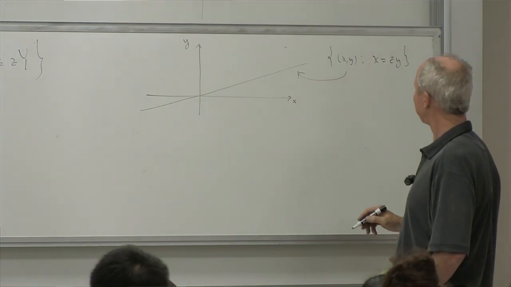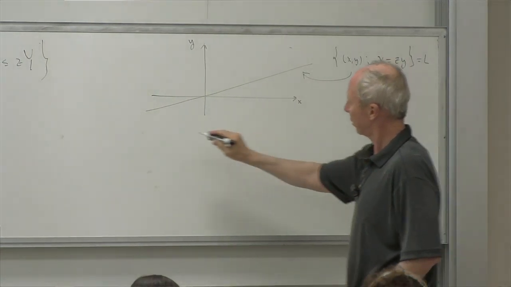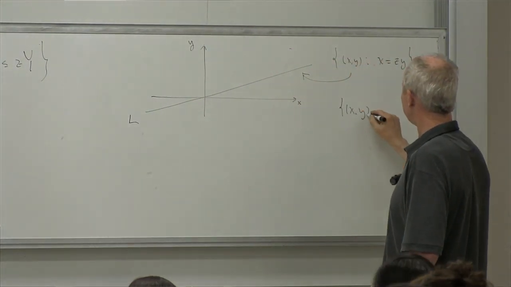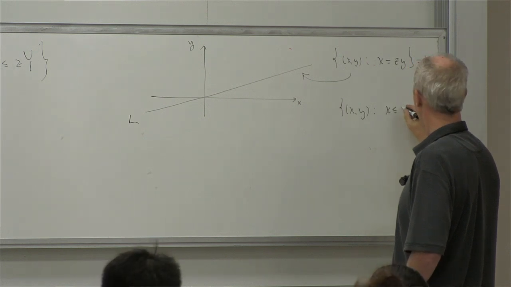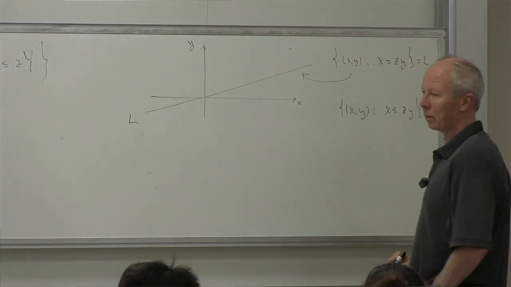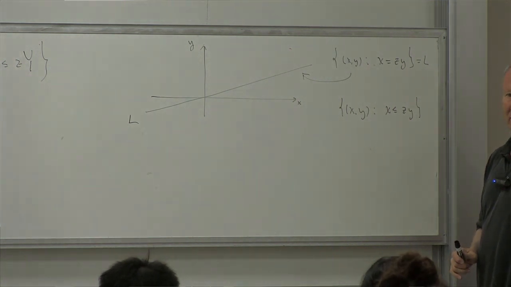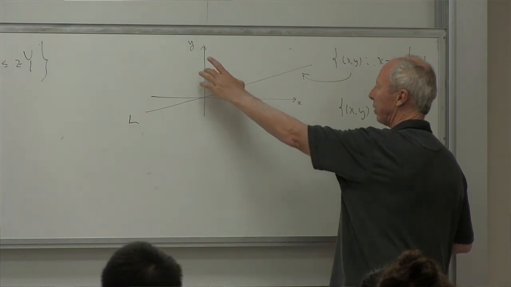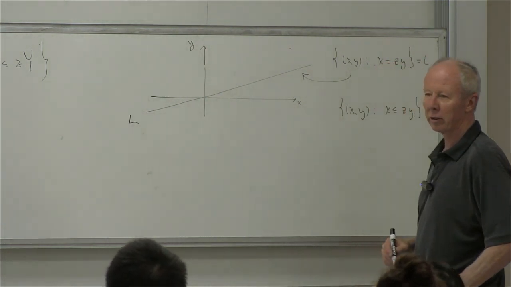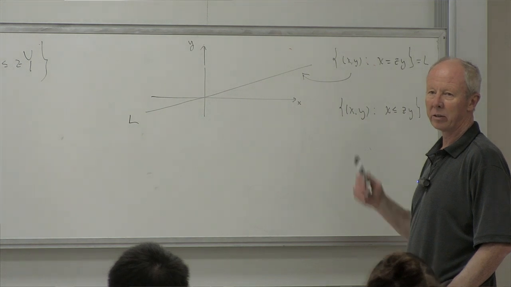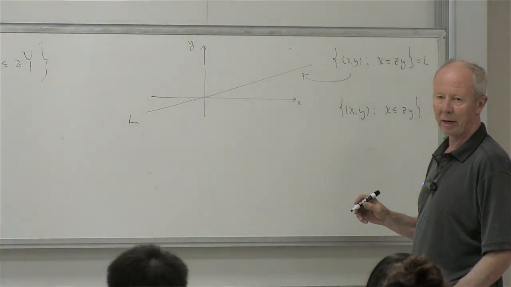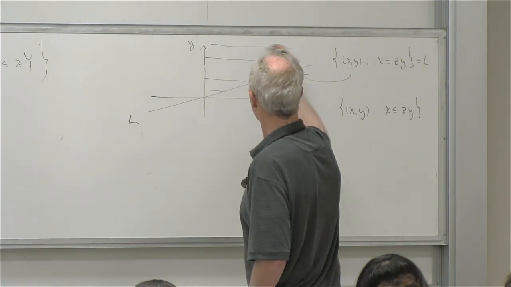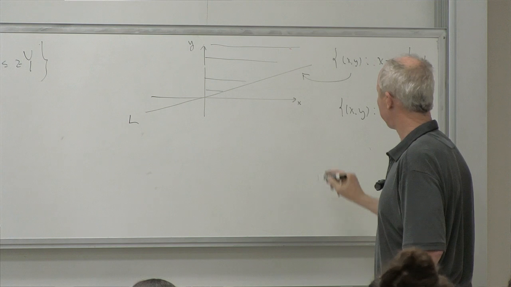But we're interested in one side of that line. Which side would that be? What if I take the point up here with 0 for the x coordinate? Would that satisfy this inequality? Yes. So what side of the line is it? It's above. So that's our set A.